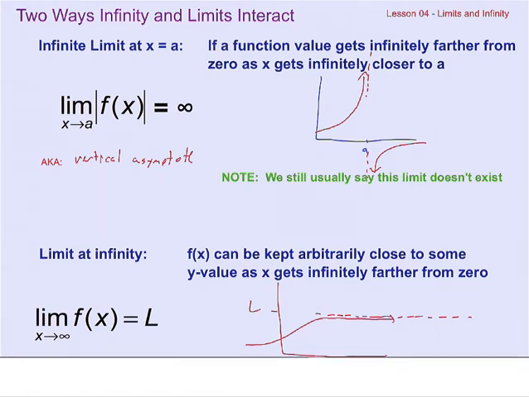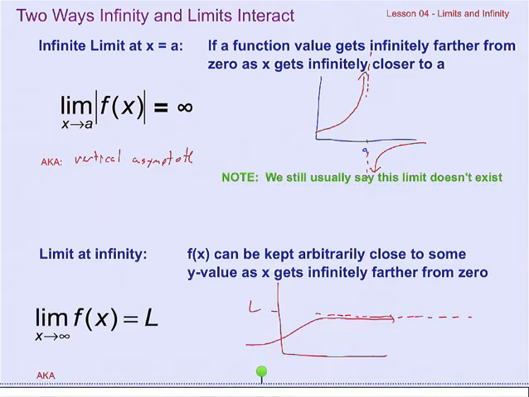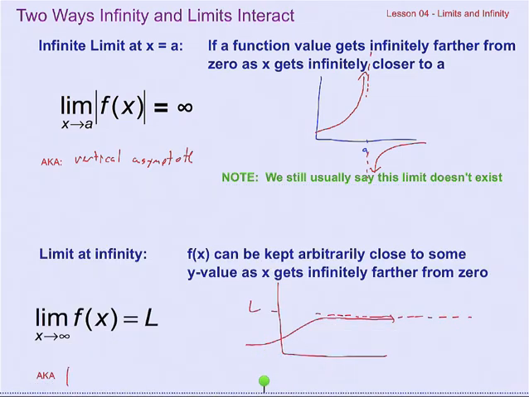You know this as a horizontal asymptote. And we will still call them that, horizontal asymptotes. But now we know that there's a way to write a horizontal asymptote with limits as well.